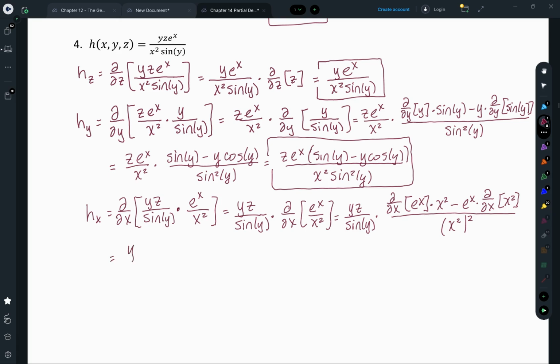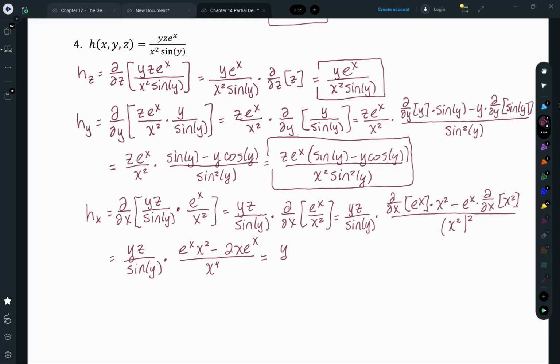All right, so now I'll go ahead and clean this up. I still have my multiplier of yz over sine of y times the derivative of e to the x, which is e to the x. So I have e to the x, x squared, minus, and then the derivative of x squared is 2x. So I have 2x e to the x. In the bottom, x squared all squared is x to the 4th. This will simplify a bit. Number 1, in the numerator, I could factor out an x and an e to the x.